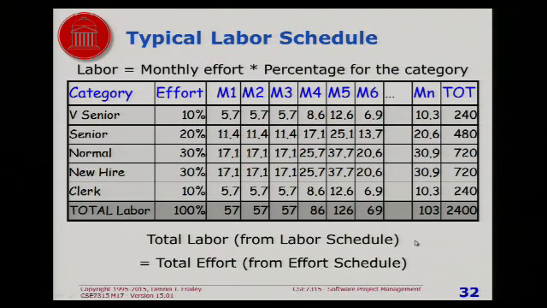But nevertheless, the idea is you're getting an idea of not only how much money you are spending or how many hours of labor you are spending every month, but what kind of people are needed to do each type of labor. And therefore, this can help you in recruiting. You can figure out, okay, I'm going to need so many of these and so many of those, and I'm going to need to bring more of these people on in month 4 or whatever it is.